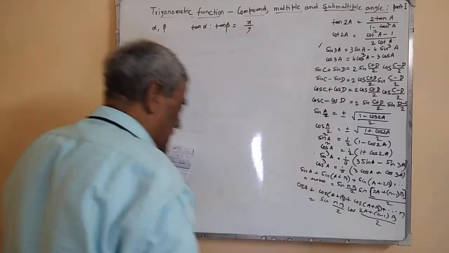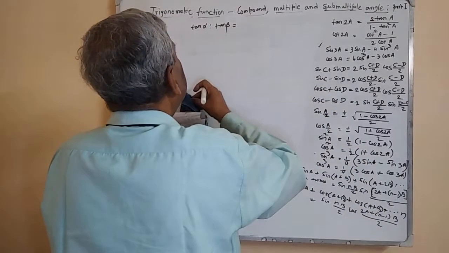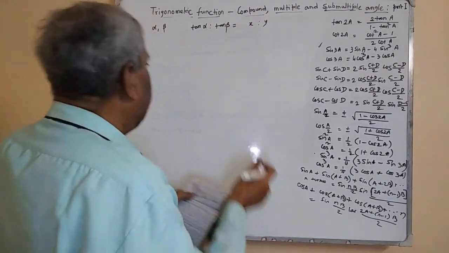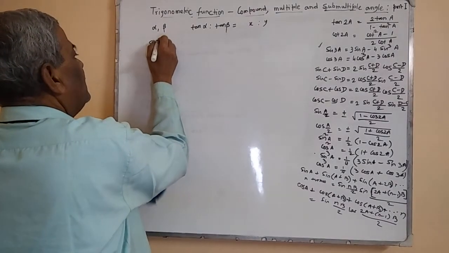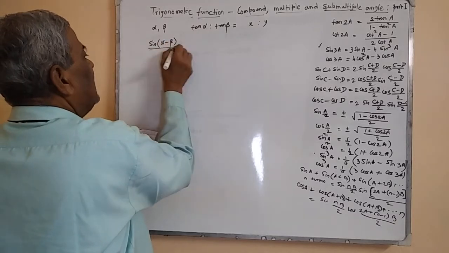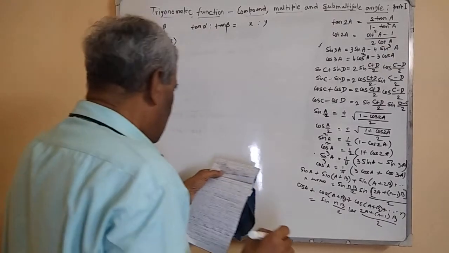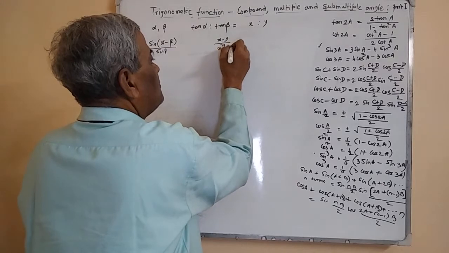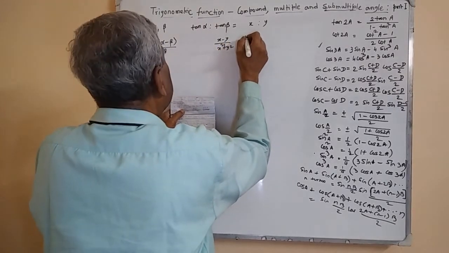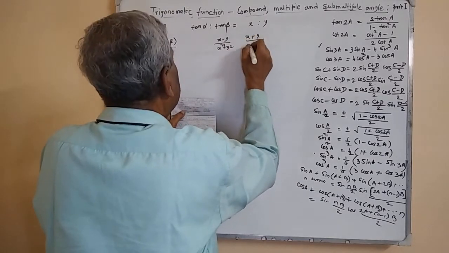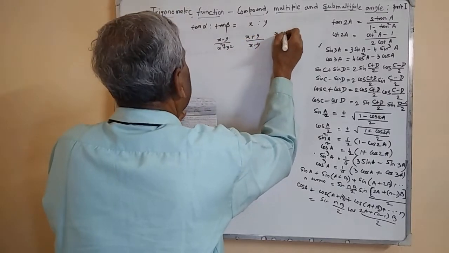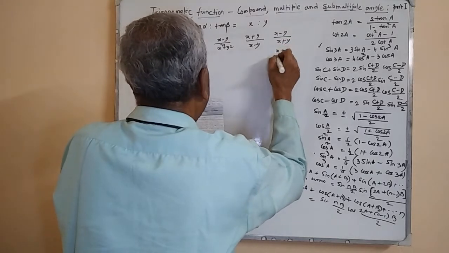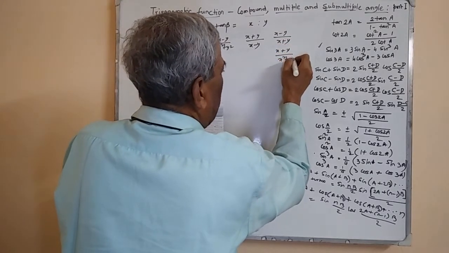In fact, it is x is to y. Then the value of sine of alpha minus beta by sine theta is, options are like that: x minus y by, then x plus y by x minus y, x minus y by x plus y, and finally x plus y by x square plus y square.